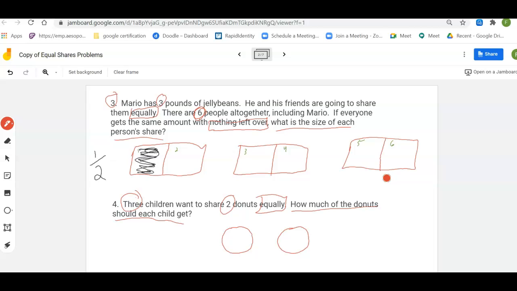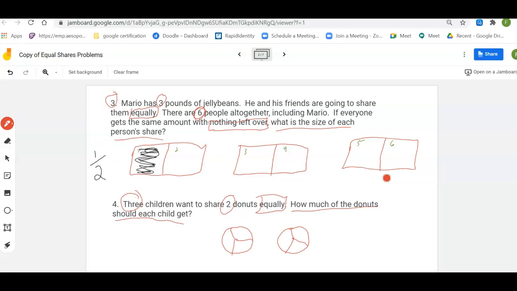There are 3 children and they want to share those 2 donuts equally. So how about I divide each one into 3 equal parts, as best that I can here. Now it looks like I've got 1, 2, 3, 1, 2, 3, 3 equal parts for each donut.